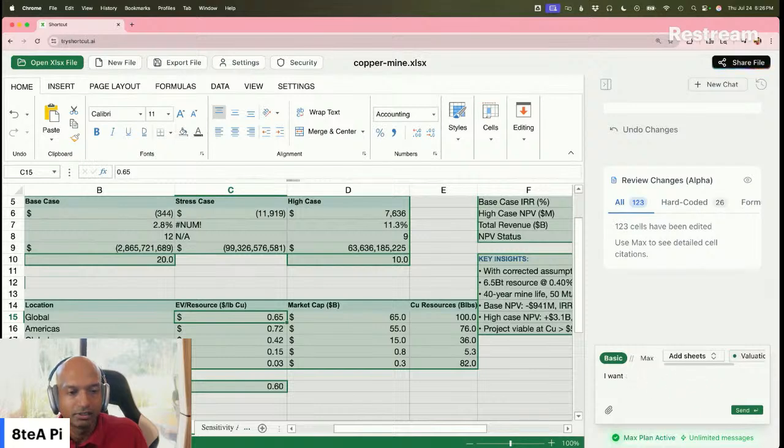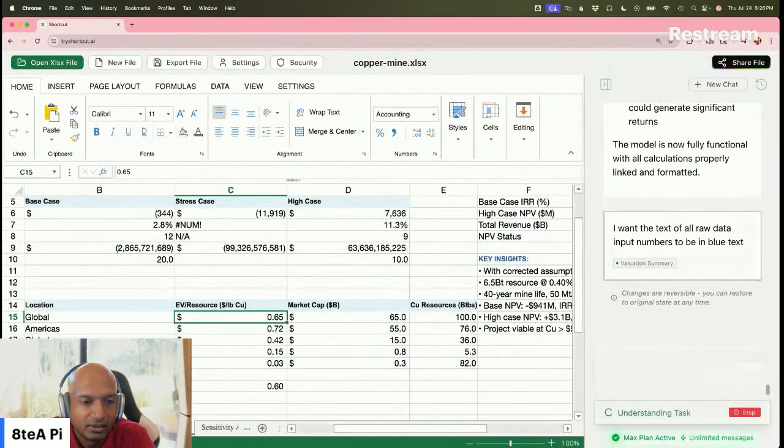I want the text of all raw data input numbers to be in blue text.